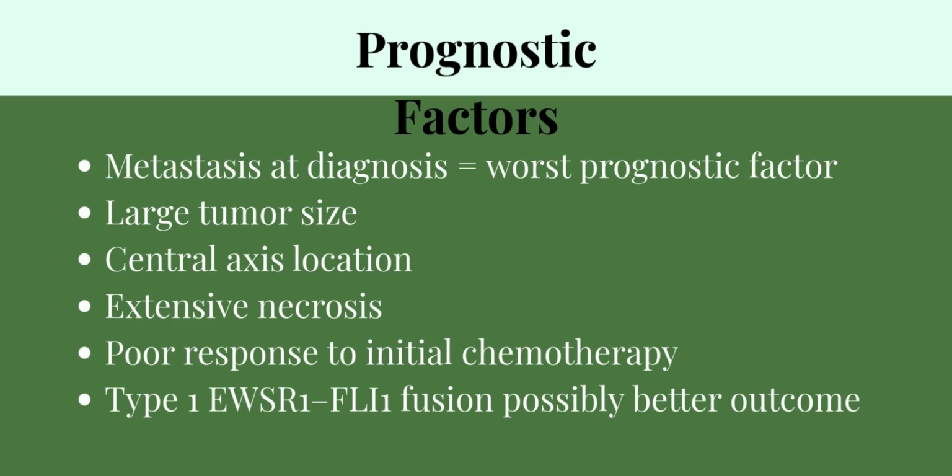Key prognostic indicators include the presence of metastasis at diagnosis, larger tumor size, and central axis location. Extensive necrosis and poor initial response to chemotherapy also indicate worse prognosis. Some studies suggest that type 1 EWSR1-FLI1 gene fusion correlates with better outcomes, though this is not universally confirmed.